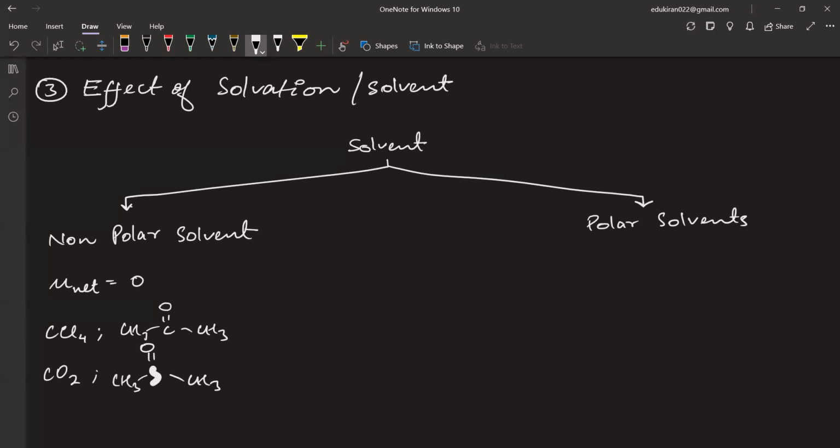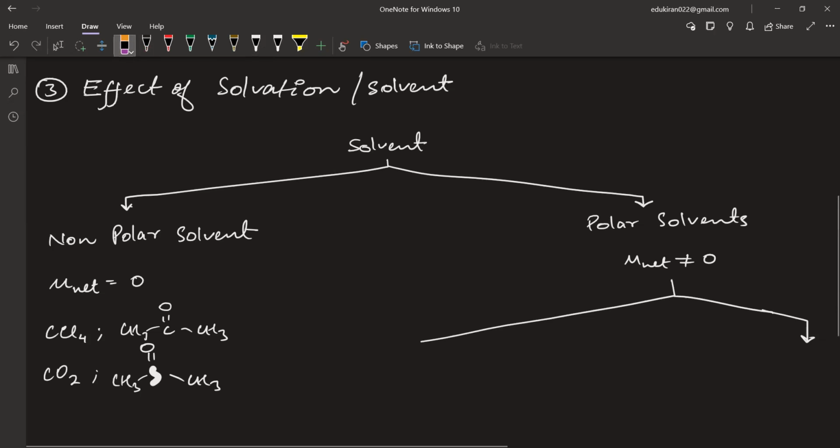Now, polar solvents will have mu net not equal to 0. That means they will be polar. They will have some kind of dipole moment. The polar solvent is further divided into two categories. What are these two categories?